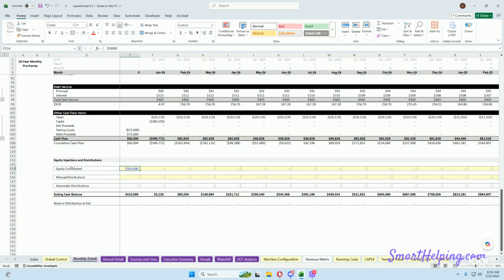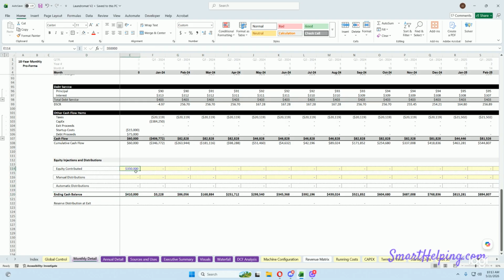And what you'll do is you're essentially wrapping this around the whole project. So you have your project cash flows up here, then equity injections happen here, and then you could do manual distributions, also automated distributions, however you want to do it, to show equity returns, and then ending cash balance.